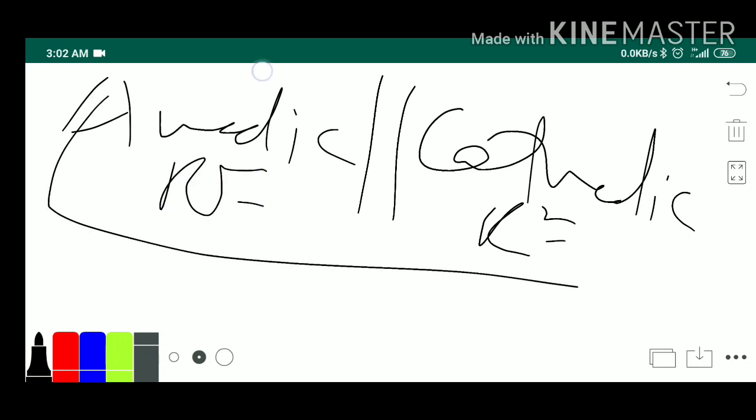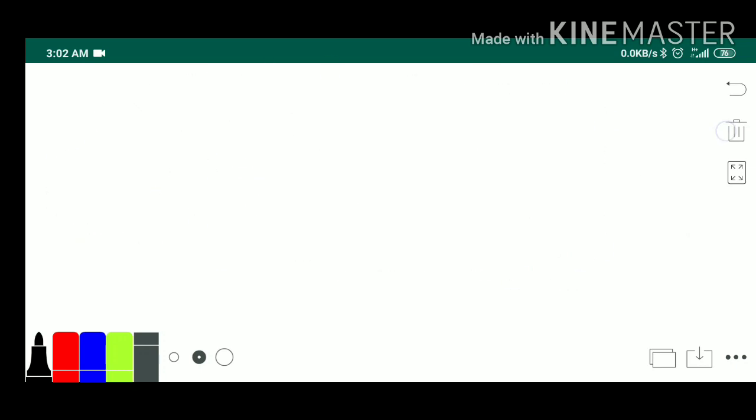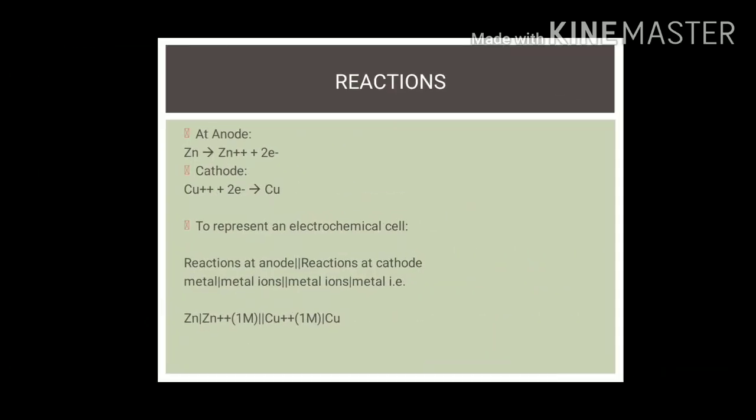This is in general. At the anode, oxidation gives 2 electrons. At the cathode, reduction: copper ions accept 2 electrons and become copper. So to represent the cell, the anode reaction is separated from the cathodic reaction.